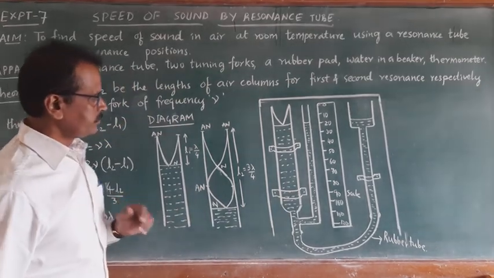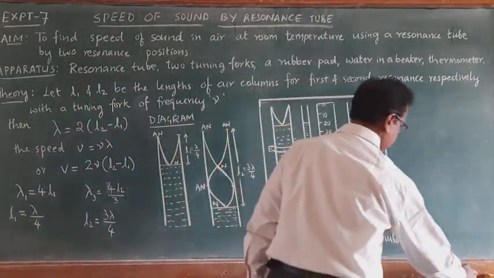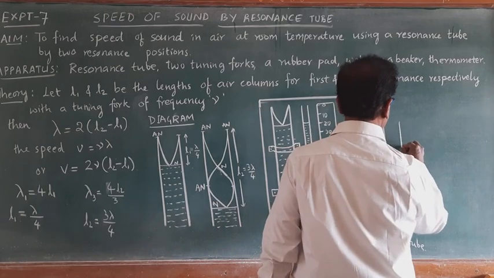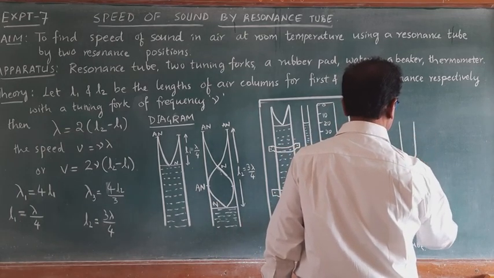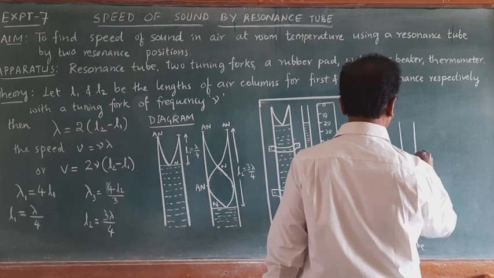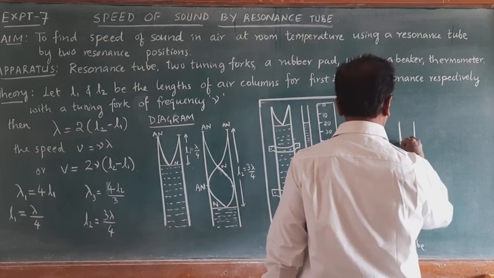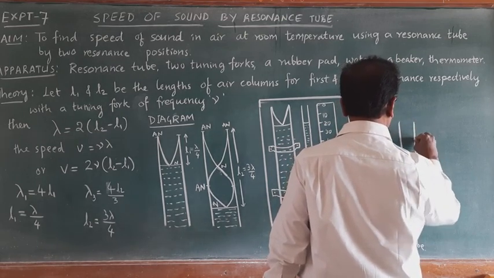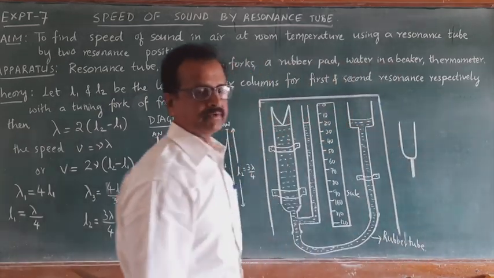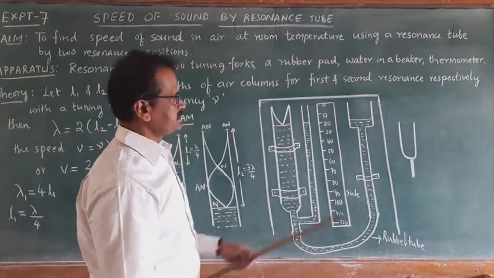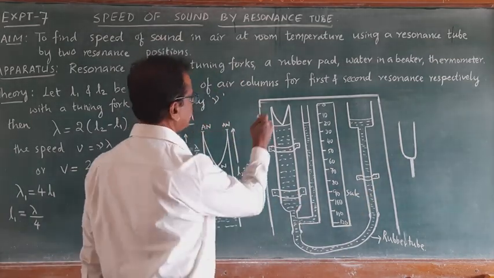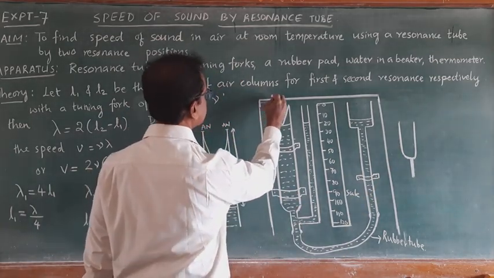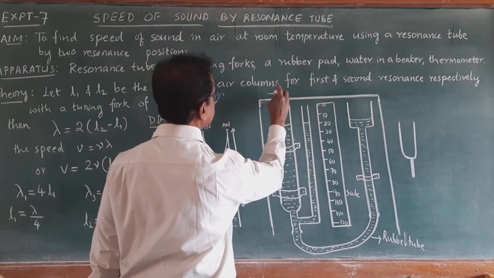You see, we use a tuning fork. This is a schematic diagram of a tuning fork. Tuning fork of given frequency, and when we strike this tuning fork with a rubber pad, we hold it at the end of this tube like this.